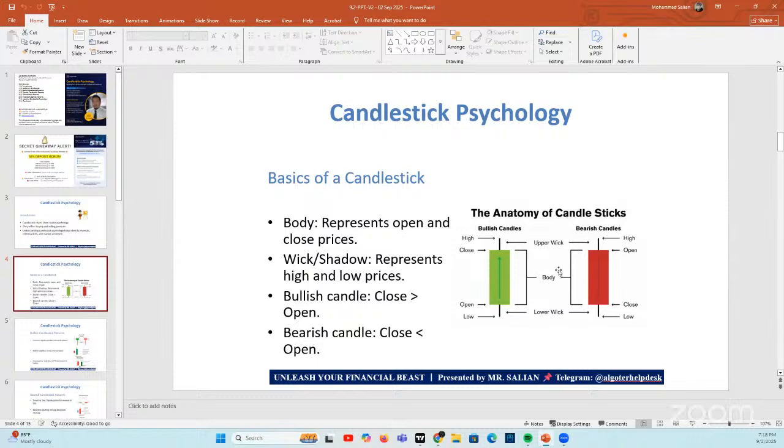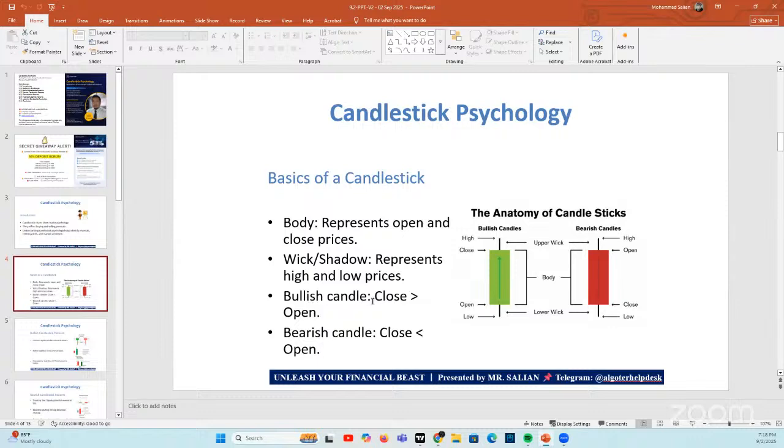And the wick or the shadows represents the high and the low of the prices. So for the bullish, it looks like that, and the bearish looks like this. Some wicks are very long and some are short. Some candles don't even have wicks sometimes, but most of the time you will see such wicks in the candle.